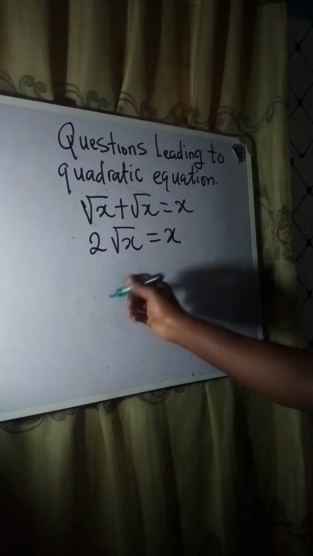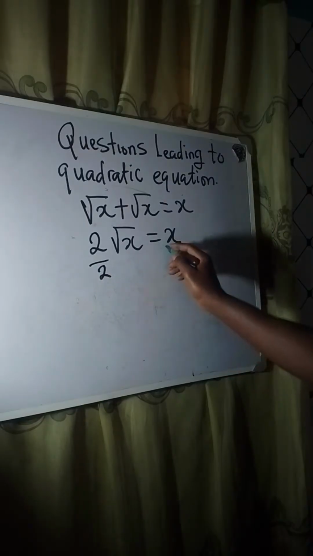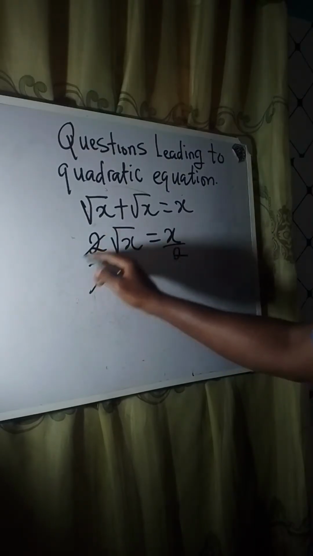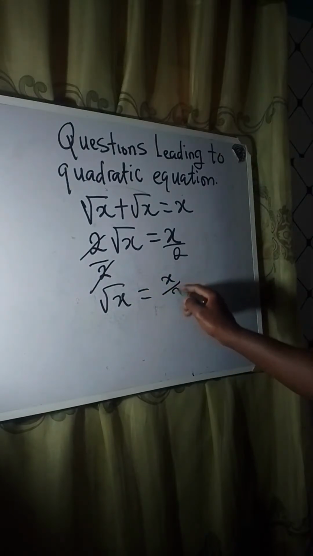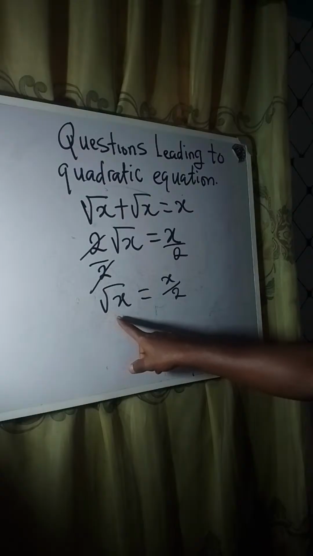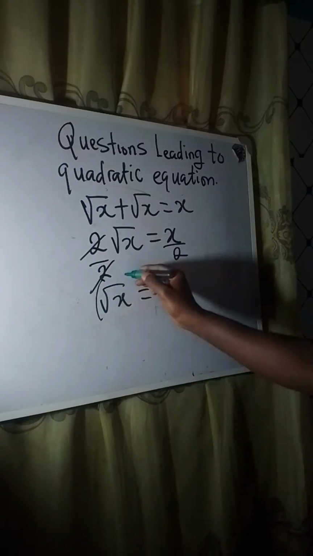So we divide both sides by 2 so that this can go, and square root of x will be equal to x over 2. And from what I said before, our target is to remove the square root. To remove the square root, we will square it.